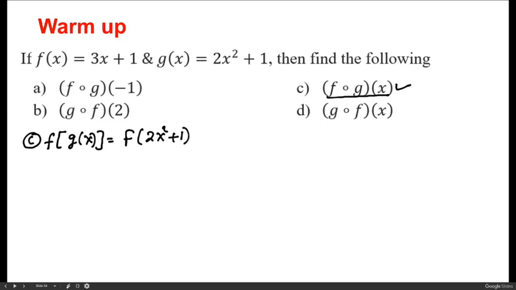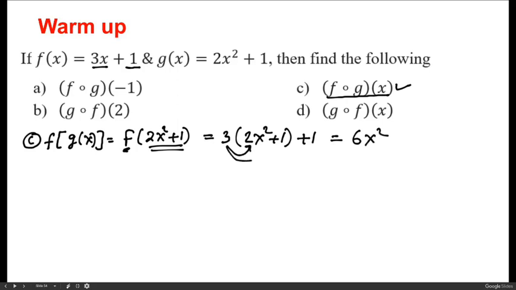Now the meaning of that is, in function f, we have to plug in 2x squared plus 1 for x. So this will be equal to 3 times (2x squared plus 1) plus 1, which is equal to 6x squared plus 3 plus 1, which is 4.